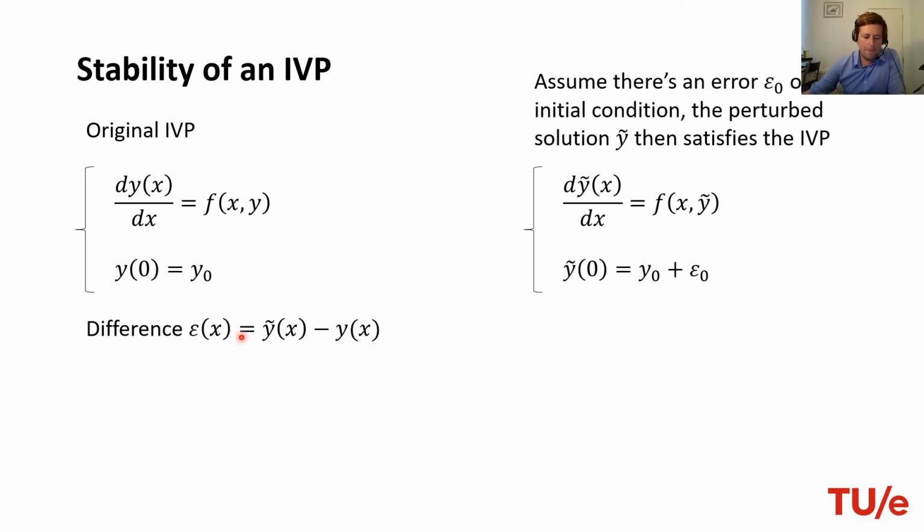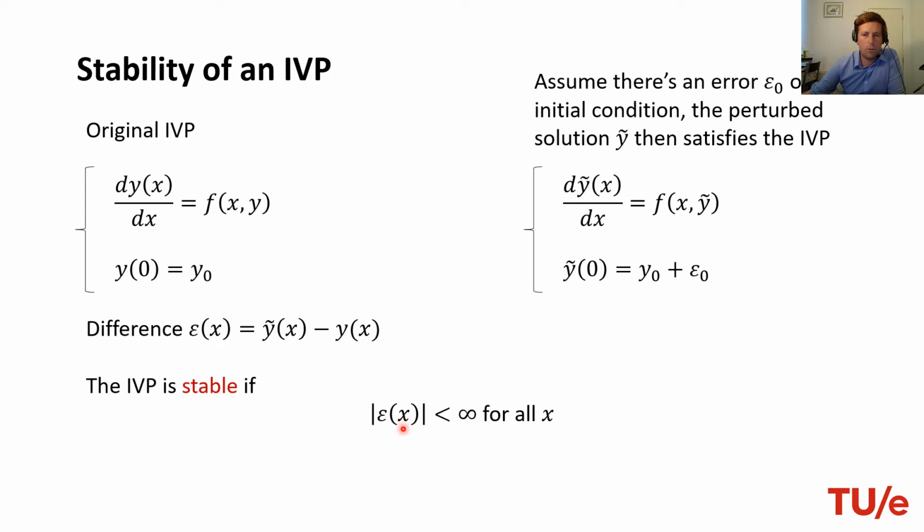Now, let's define the difference between the perturbed solution and the original solution as epsilon, the perturbed minus the original solution. Then we define that the IVP is stable if this difference will stay finite for all x.